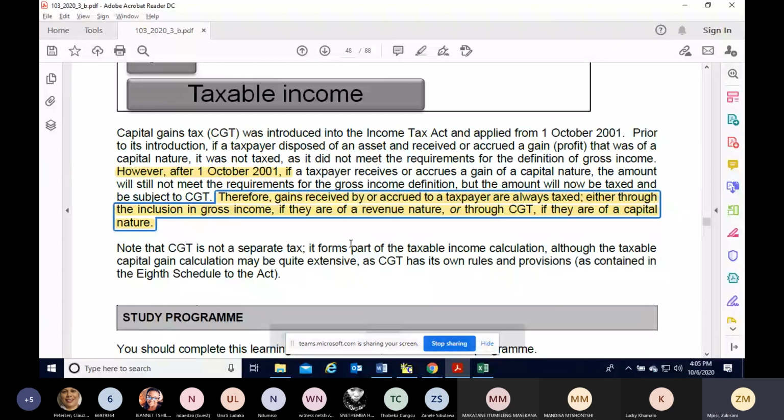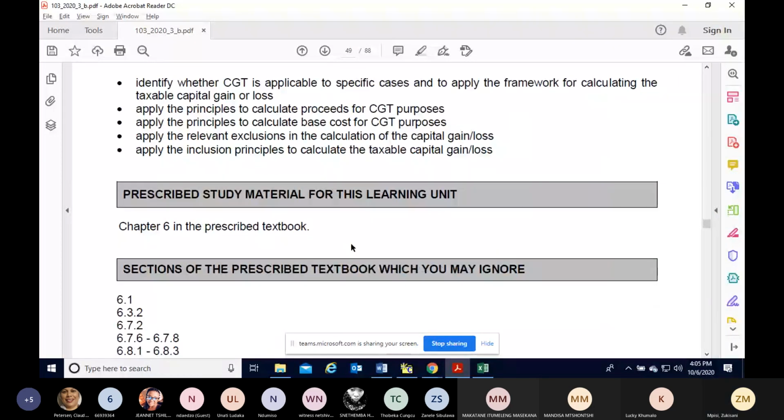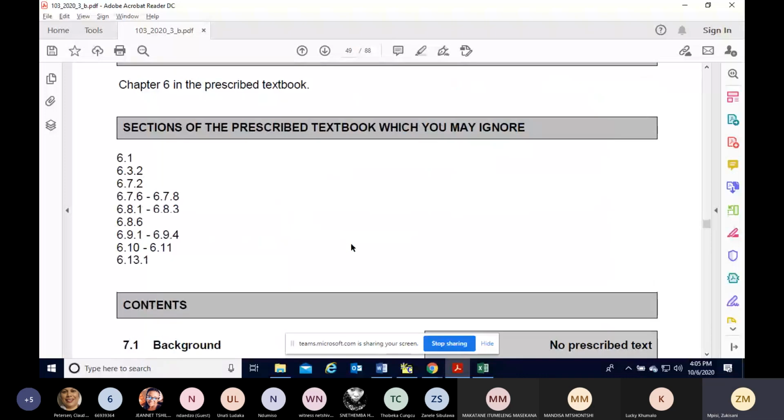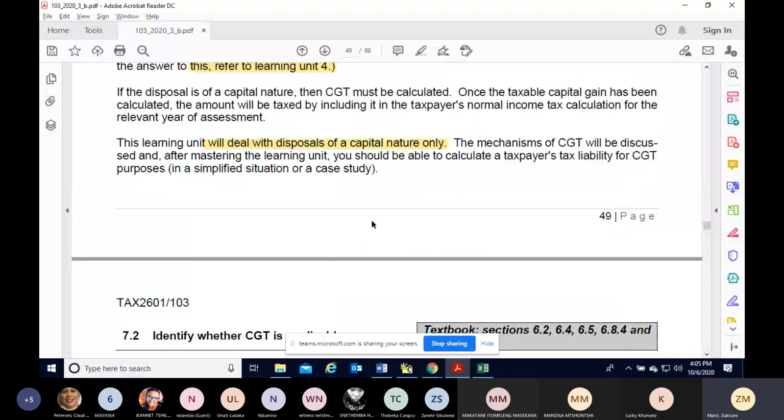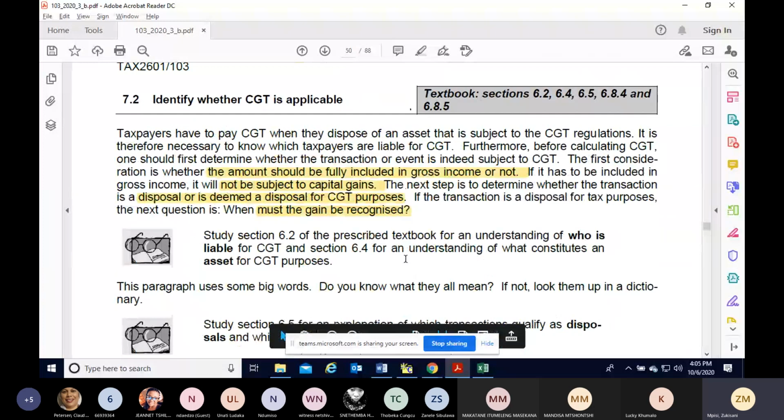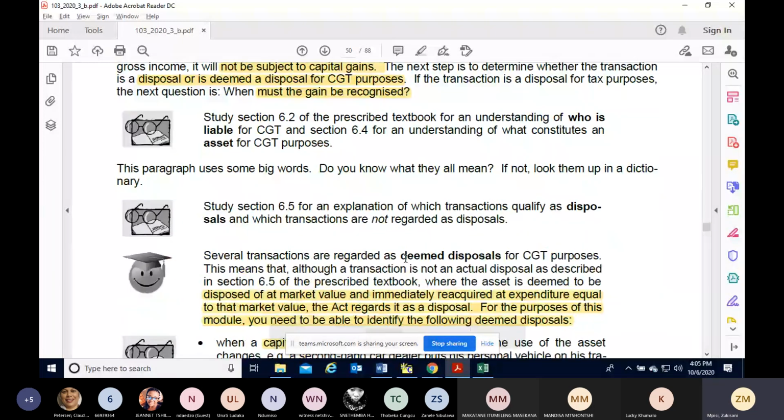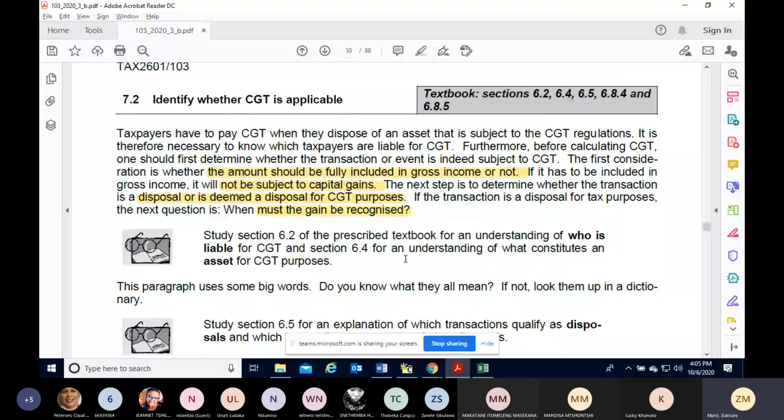It's all those receipts that are capital in nature. So this unit goes back to speak to the gross income, where we said assets are not subject to gross income, but then would be subject to the capital gains.